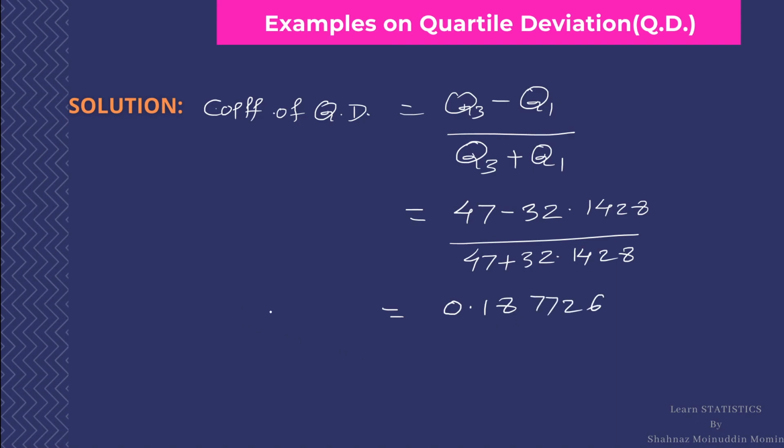This is the coefficient of quartile deviation in case of continuous data. In this way, in this lecture, we learned the examples on quartile deviation and quartile and its relative measure depending upon the three types of data: individual data, discrete data, and continuous data.